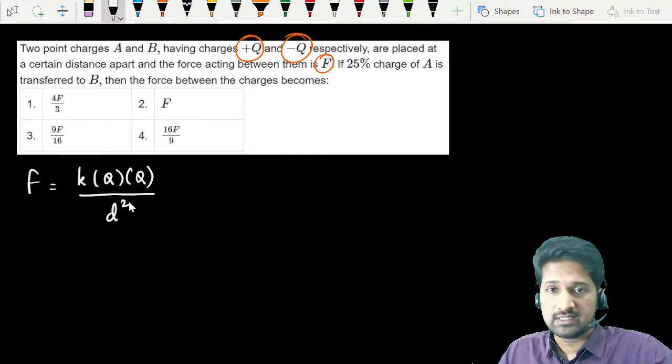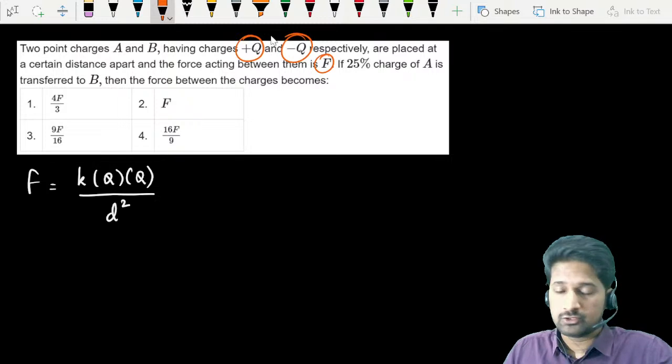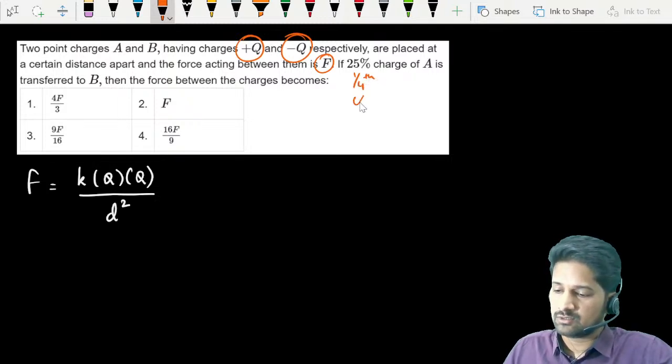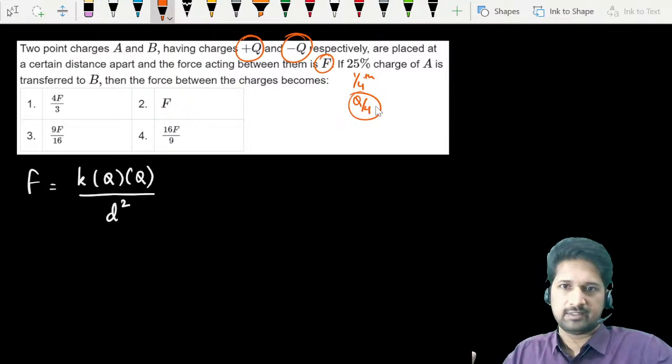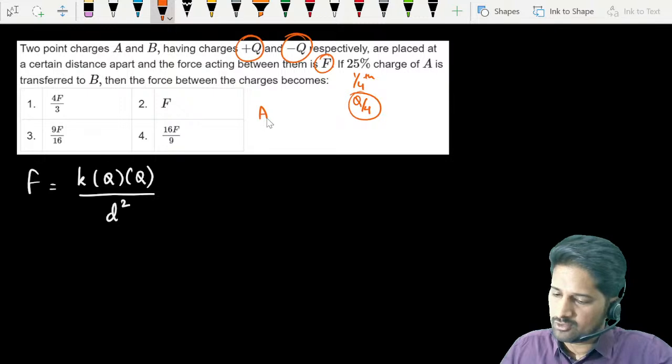Now what they are doing is 25% of the charge of A is transferred to B. How much is the charge of A? Q. 25% of that means 1/4, so it will be Q by 4. So Q by 4 charge is taken out of A and added to B. What will be the charge left on A?